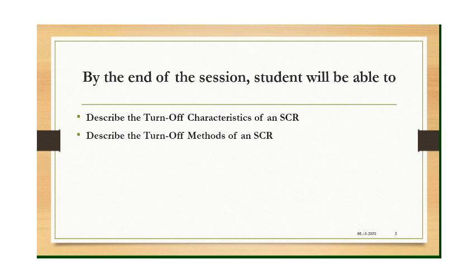Because there will still be charges in the 4 layers or the 3 junctions, which, when you apply forward voltage, even after bringing the anode current to 0 level, will make the device turn on immediately. Okay, so this situation has to be avoided. So turning off is nothing but, first condition, you have to bring the anode current to 0 level, and you have to also bring the device to a state where it can block the forward voltage. Okay, so that is nothing but turning off of a device.